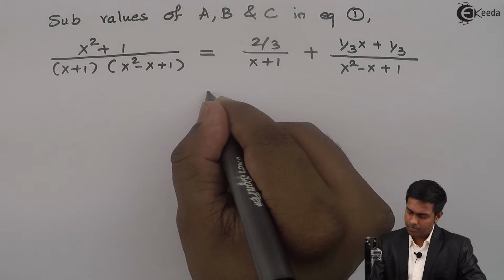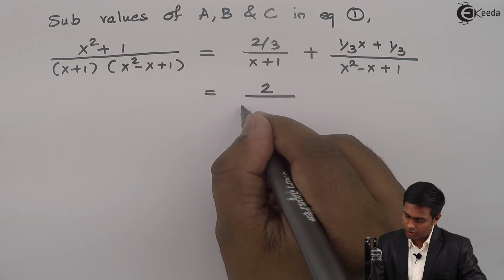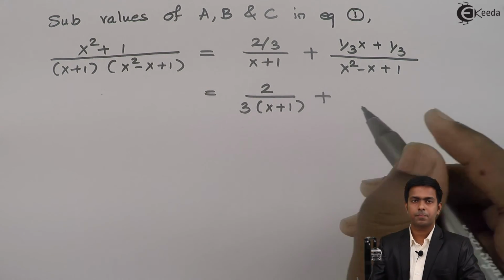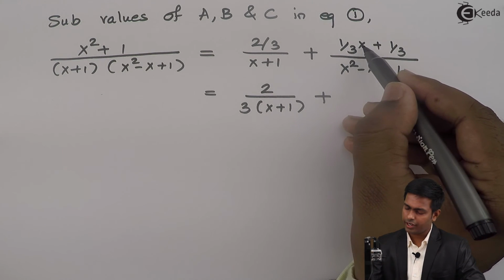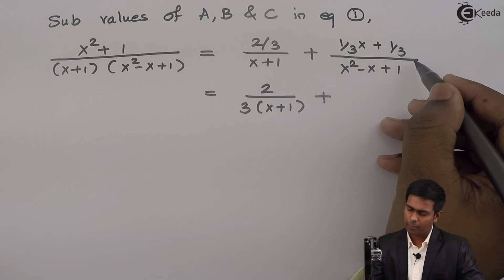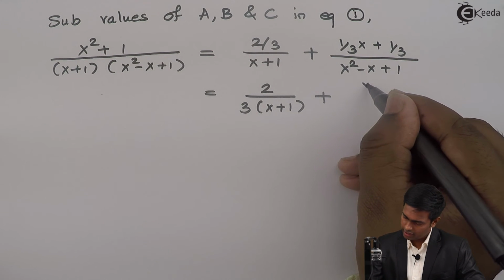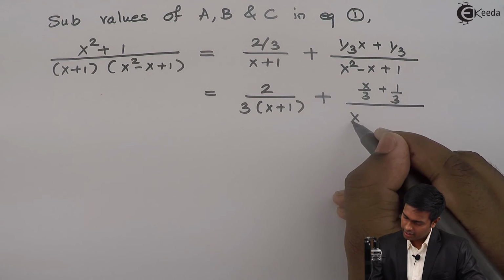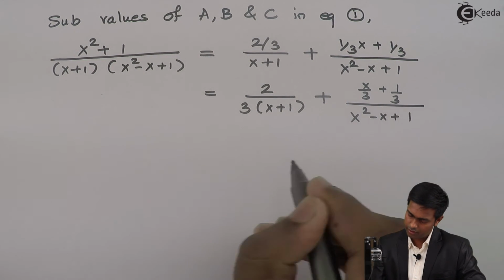So this will become 2 upon 3 into x plus 1 plus, this is 1 upon 3 into x, that is x upon 3, and this is 1 upon 3. So x upon 3 plus 1 upon 3 upon x square minus x plus 1.